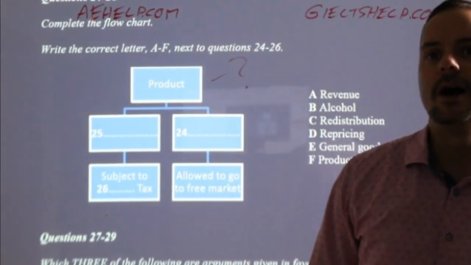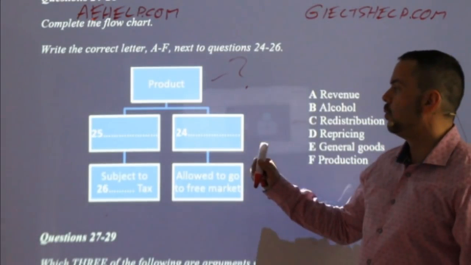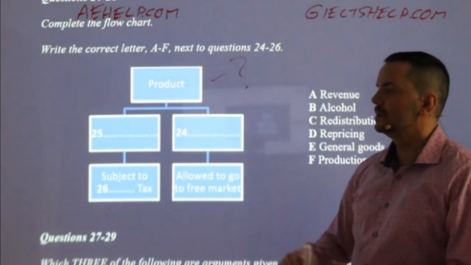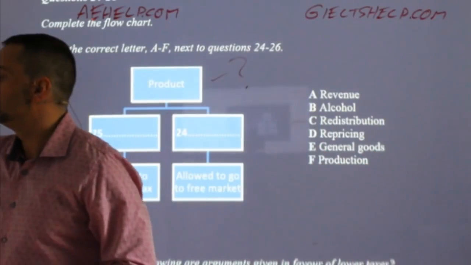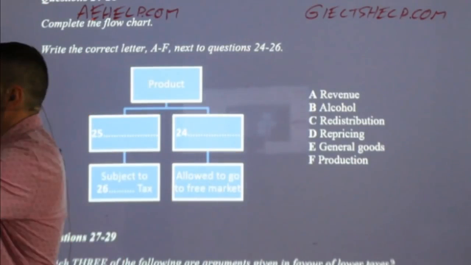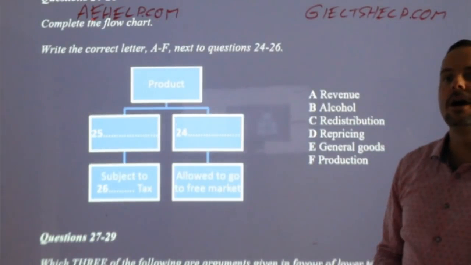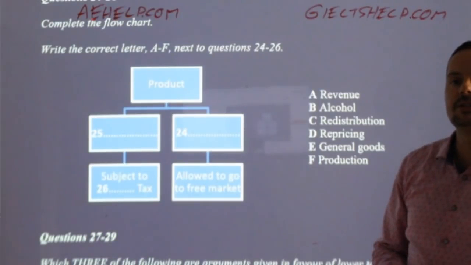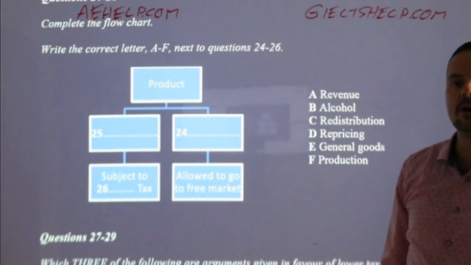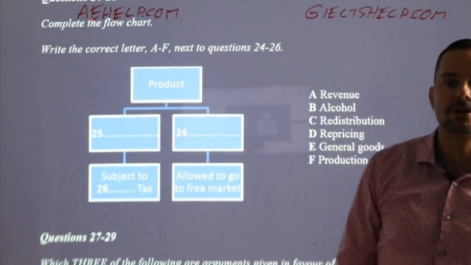So, what is this? What is this flowchart showing before you give me the answers? Okay, see, it says it's distribution of income. No, it's not the distribution of income. Marina's saying it's showing repricing. That's half of the truth.